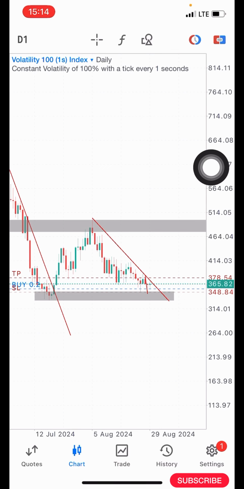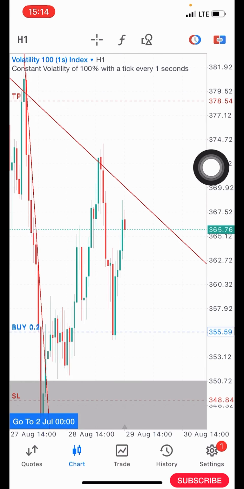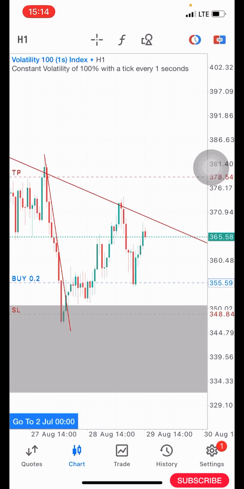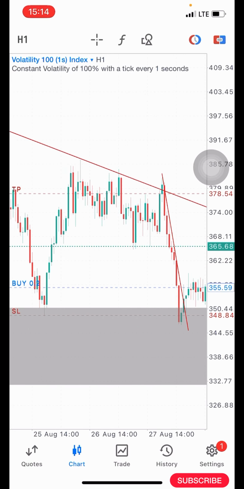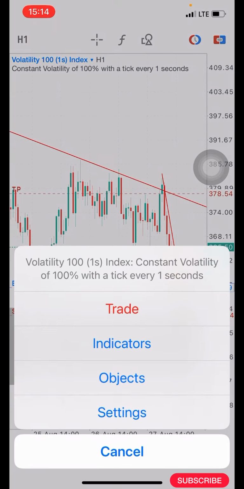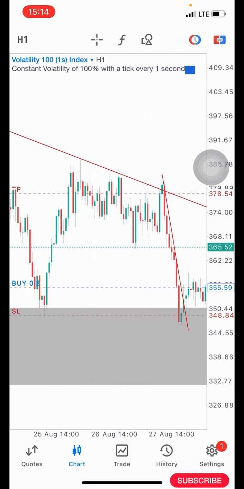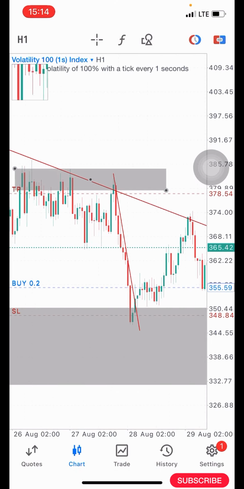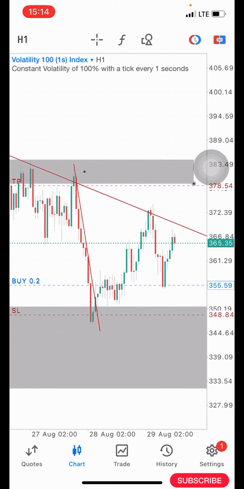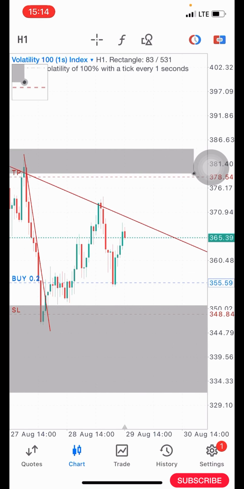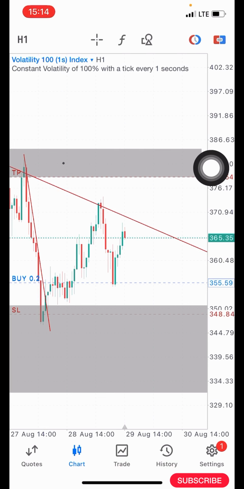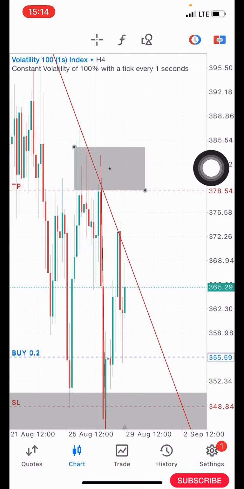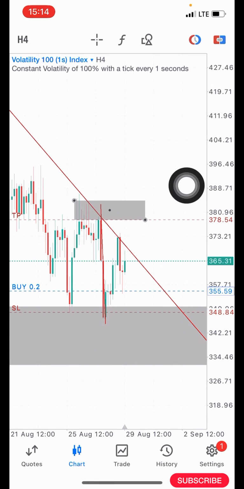Now let's go down to the 1 hour time frame. This can happen maybe tomorrow or next. There's a support and resistance zone here. Once price breaks above this area and comes back, we are going to be looking for a buy entry around that area where we can buy to the upside.